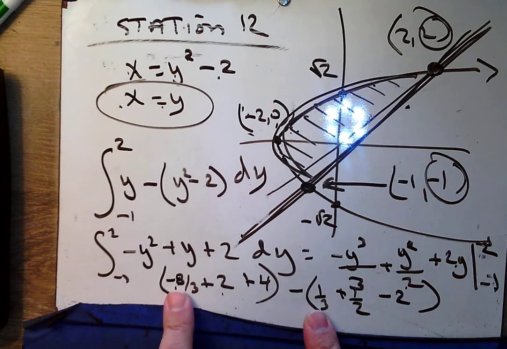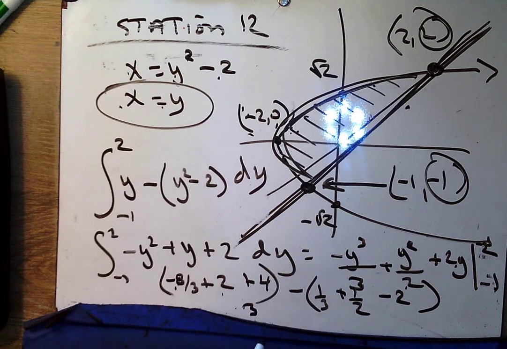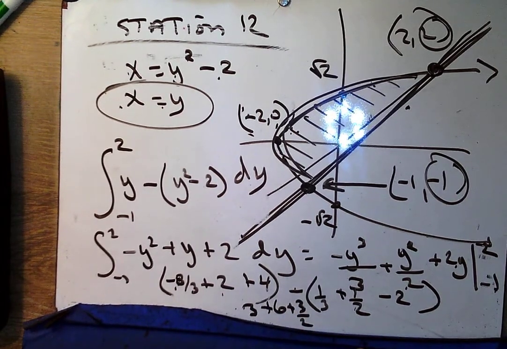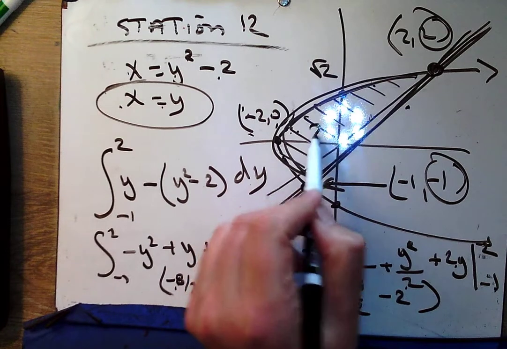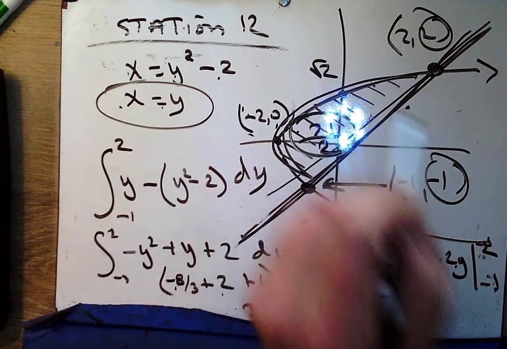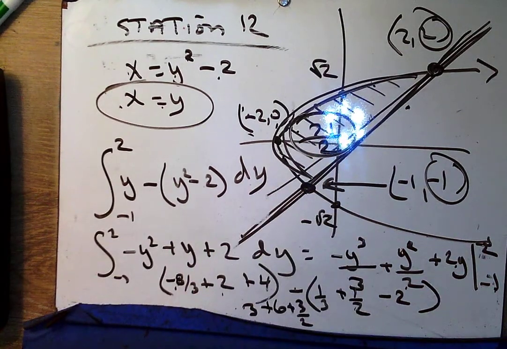So it's going to be -9/3, or -3, plus 6, minus, plus 2 minus 1/2 is plus 1/2, or plus 3/2. So 18/2 and 3/2 is 21/2. 21/2 is my area here for station number 12.